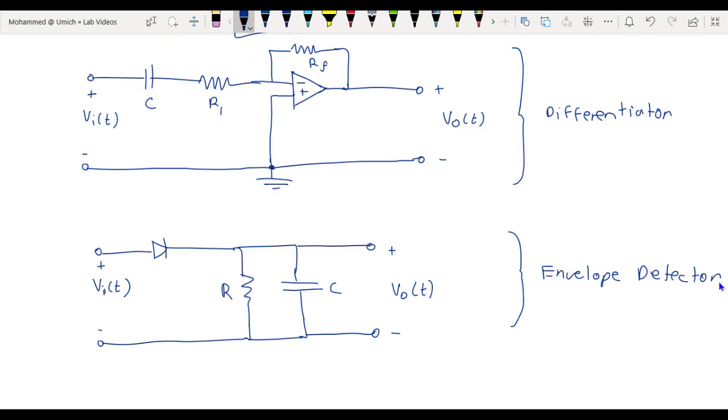So in this lab, you will build the differentiator and the envelope detector, and will then connect the wavegen input to the input of the differentiator, feed the output of the differentiator to the input of the envelope detector, and then measure the output voltage as the voltage across the capacitor in the envelope detector.